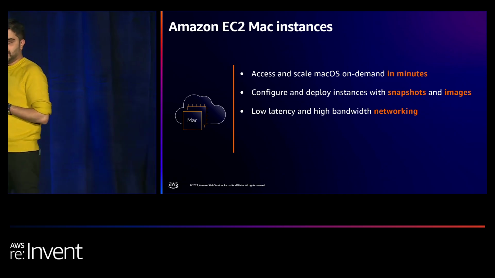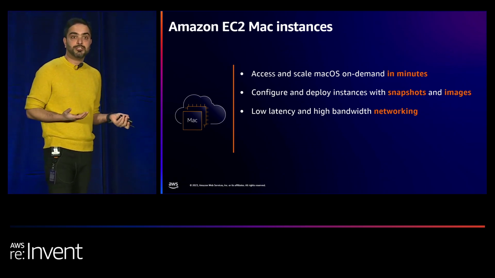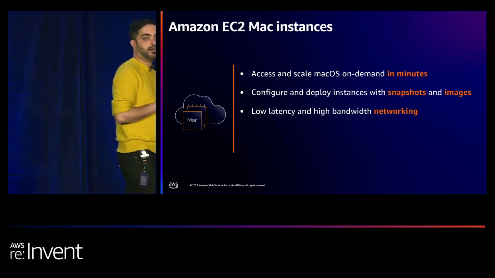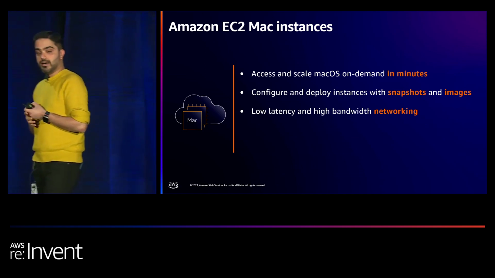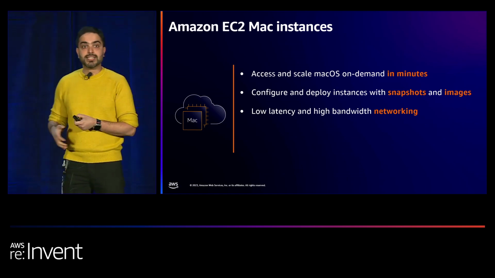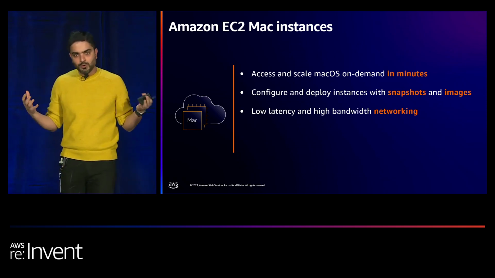And similarly, one of the benefits that we get from the integration with AWS Nitro is we have a separate network and storage bandwidth on EC2 Mac instances that are enabled by the Nitro card that is part of the whole Nitro system.